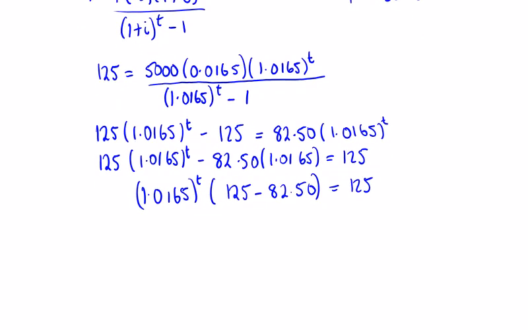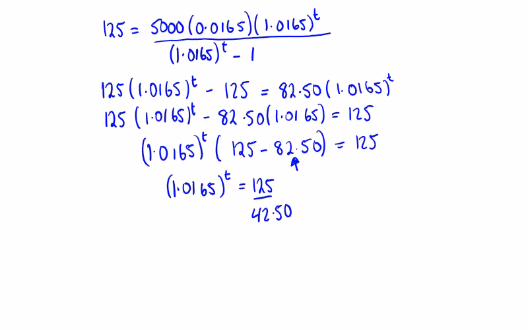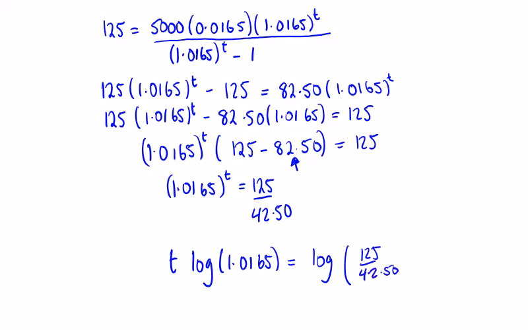So that's going to give me, is that 3350? No, 4250. So 1.0165 to the power of t is equal to 125 over 4250. This guy's 4250. So as a decimal, well, I don't need to, I'll leave it like that and we'll use our log rule. So t by the log of 1.0165 is equal to the log of 125 over 4250.